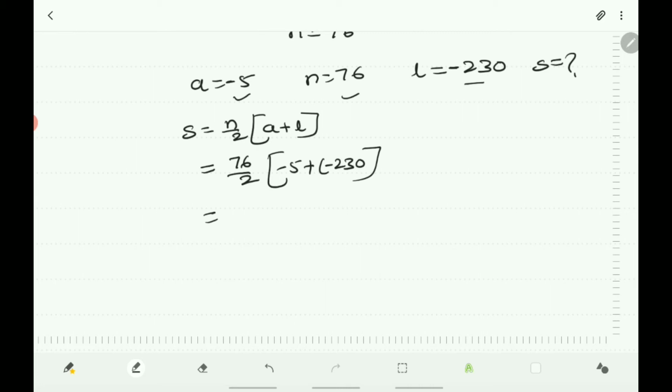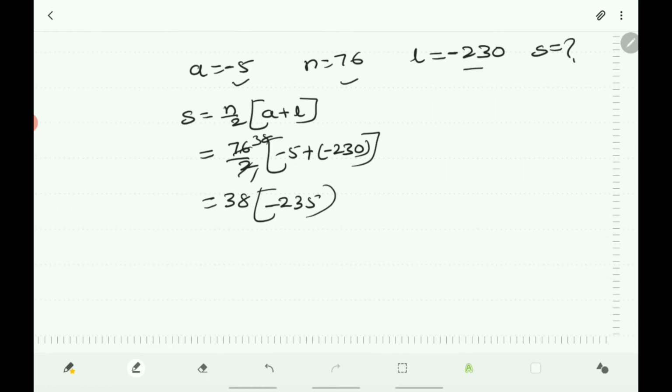Then 76 by 2 is 38. It is 38 into the sum of these two, minus 230 minus 5. 230 plus 5 is 235, that is minus 235. Minus 235 into 38 is, how much?